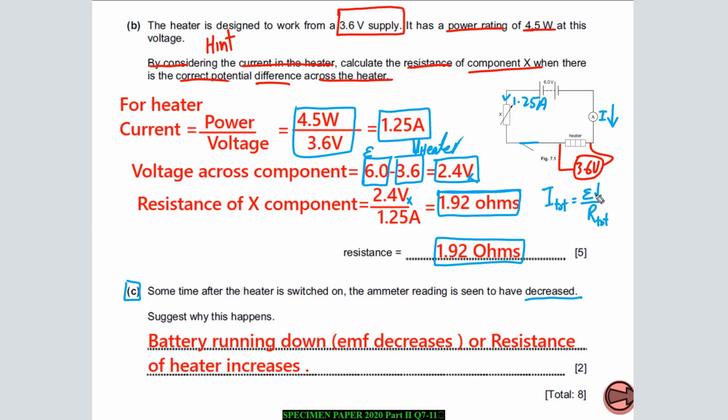So this can go down or this can go up. If you understand this, then we can answer. First, the battery running down means the EMF decreases, or the resistance of the heater increases. That's all. This is how we can answer question number 7.